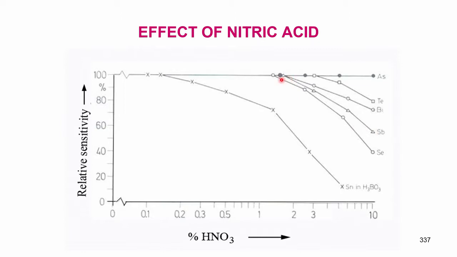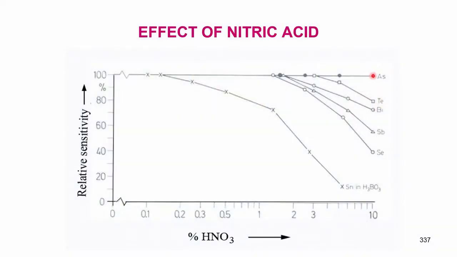Same thing is true, similarly we have done all this for antimony, above 2%. In general you can say that above 2% there should not be more acid. But suppose more acid is there, then what happens?